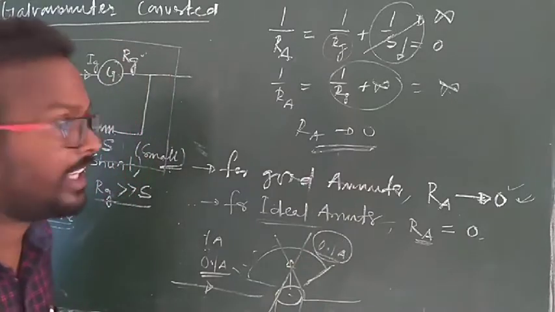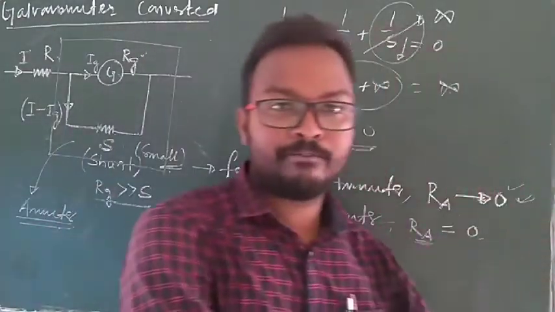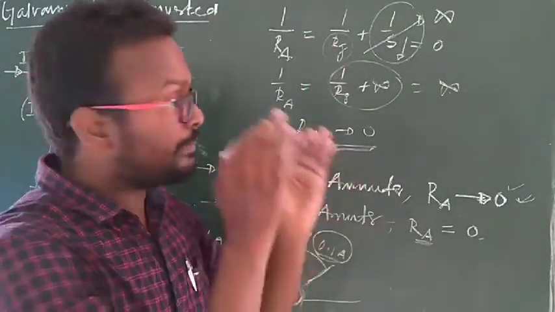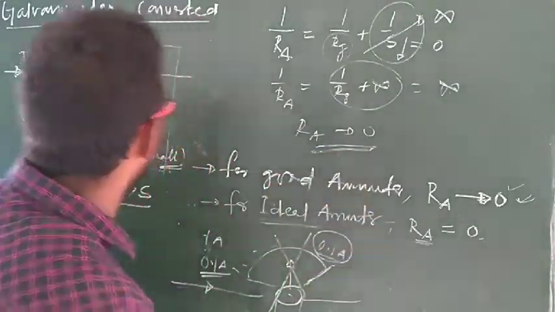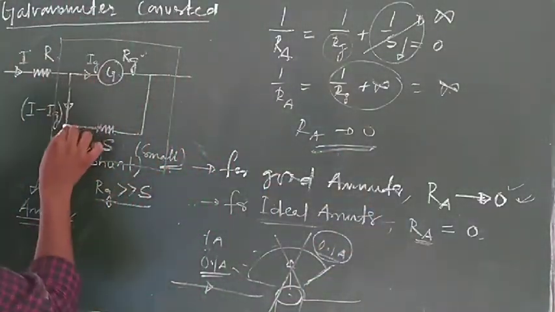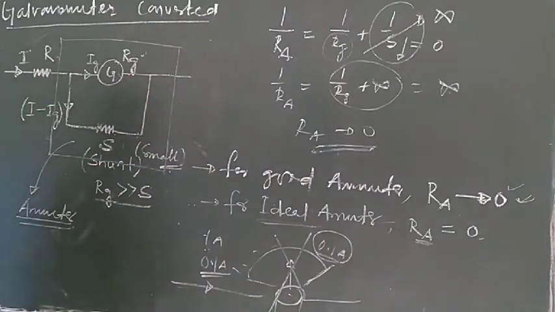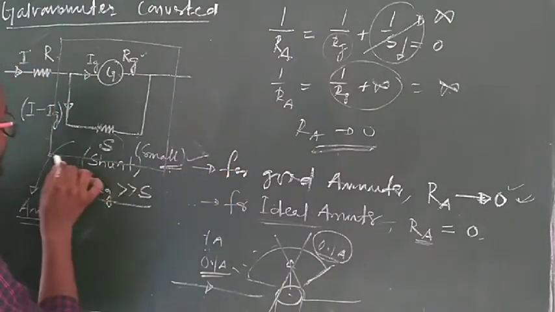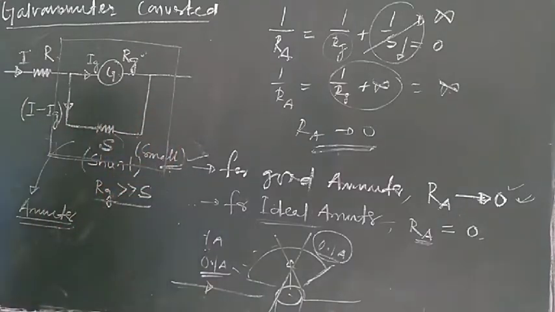That means for conversion of an ammeter, we have to use a shunt resistance whose value is very small, and that shunt resistance is always connected in parallel with the galvanometer. Clear? And the value of the shunt resistance is very small, and this is the formation of an ammeter from a galvanometer.